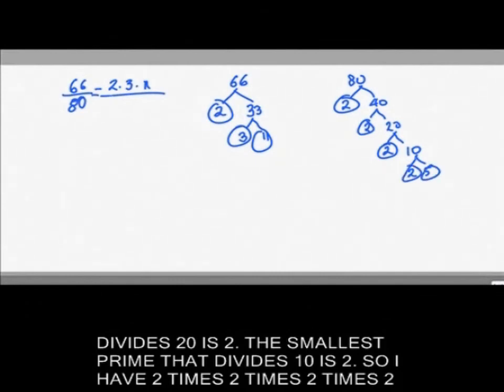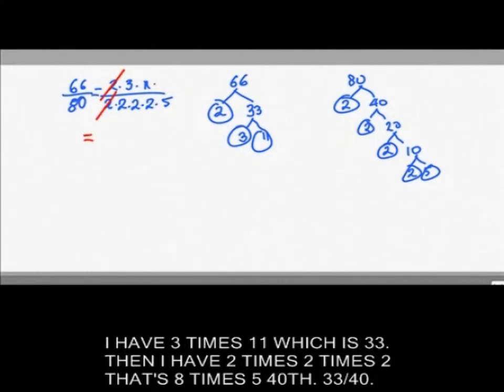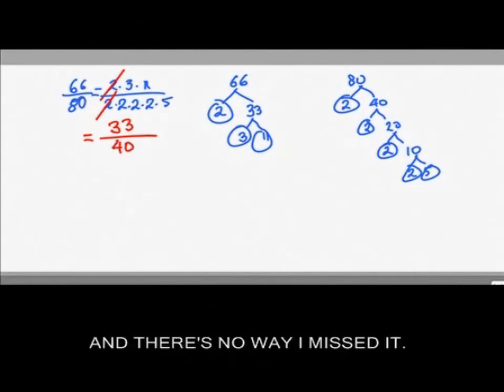So I have 2 times 2 times 2 times 2 times 5. Now I'm going to cross out the same numbers, 2 and 2. There's nothing else. Now I have 3 times 11, which is 33. Then I have 2 times 2 times 2, that's 8, times 5, 40. So 33/40. And there's no way I missed it.